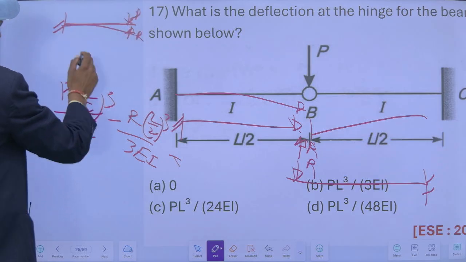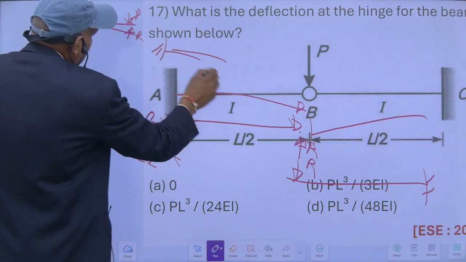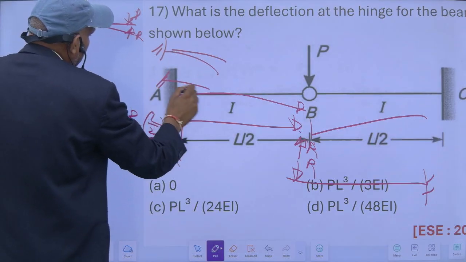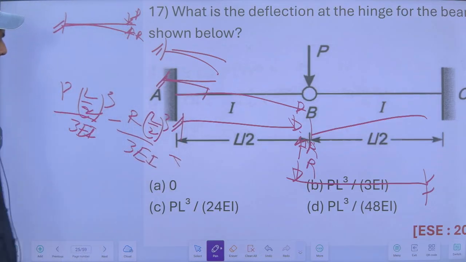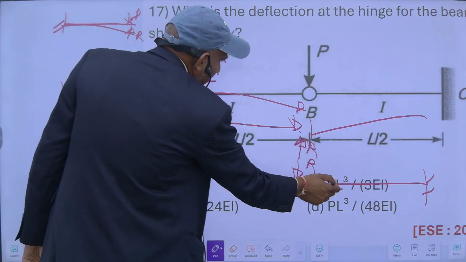This net deflection is equal to this deflection.